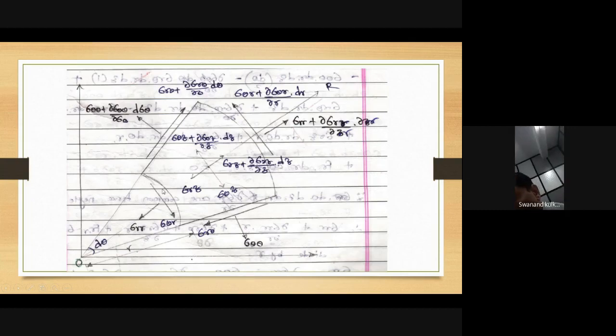Now let us concentrate on the remaining two surfaces. Of these remaining two surfaces, one is the inside surface and another is the outside surface. Is it okay? So here a radius of curvature is shown, here also a radius of curvature is shown. So the surface inside here and the surface outside here.